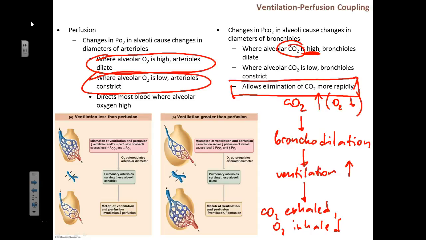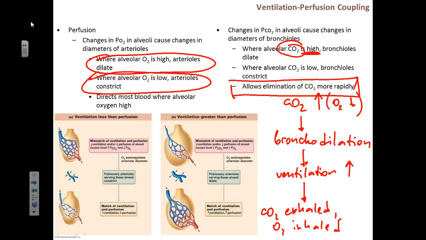One thing that I really want you to understand here: I frequently say that we use a reductionist approach. We cannot comprehend, and nobody can, the whole picture of the human organism at the same time. We can't really see all the processes going on at the same time. So when we say, okay, oxygen is high, arterioles dilate, oxygen is low, arterioles constrict, you have to appreciate that this regulation is a constant process.